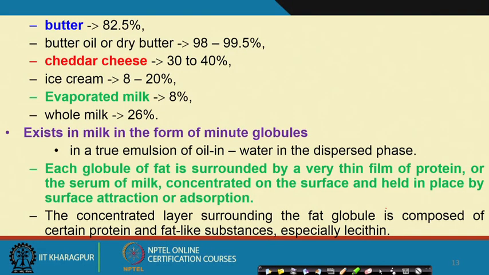In that way, water and oil are together in the same milk, because of the presence of lecithin, which acts as the mediator.